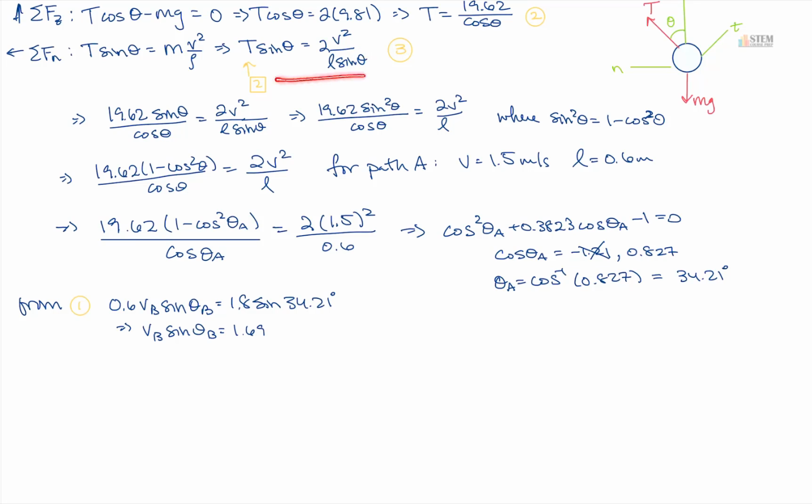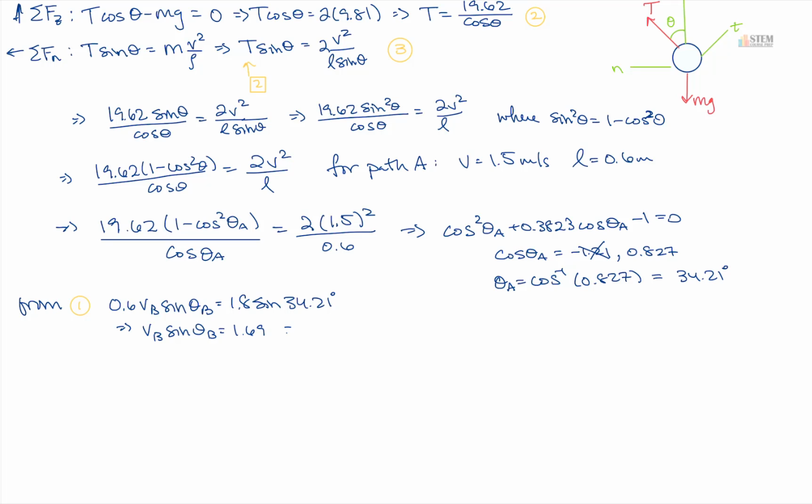We wrote this to be pretty generic, so we could use it for either path, A or B. Now we want to find the information for path B. So let's look at equation 3 here. Let's solve this equation for VB, and we'll plug it in and see what happens.